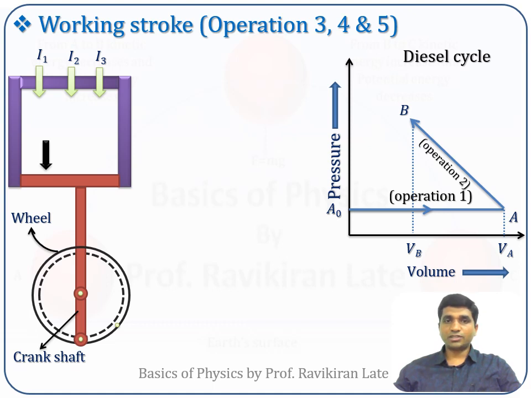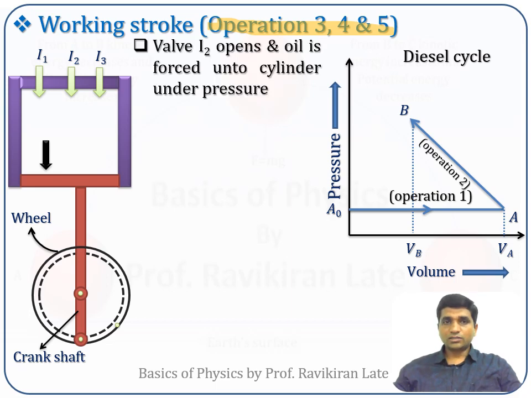Now, the next operation is the working stroke, which consists of operations 3, 4 and 5. In this case, the valve I2 opens as the temperature of the air inside the cylinder is increased. It is almost 1000 degrees Celsius.